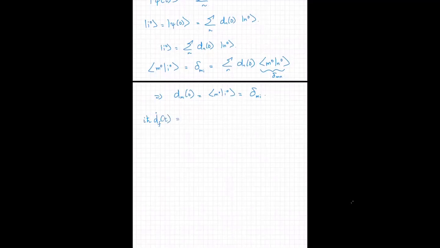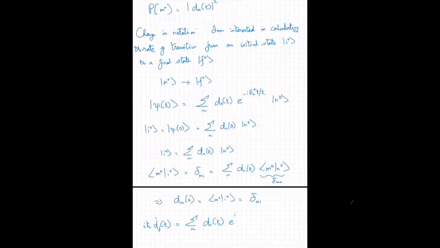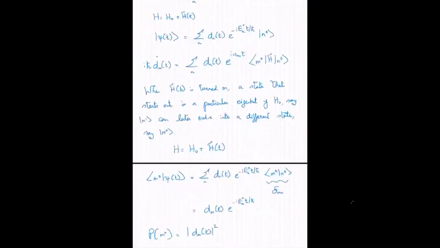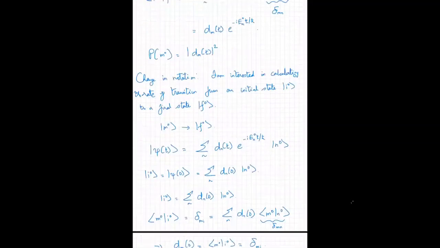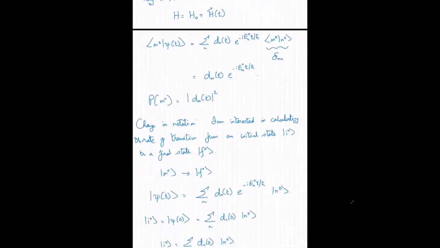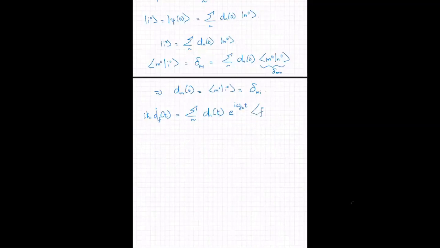Now this is equal to the sum over n of dn(t) e to the minus i omega fn t, and then the matrix element f0 H tilde n0.